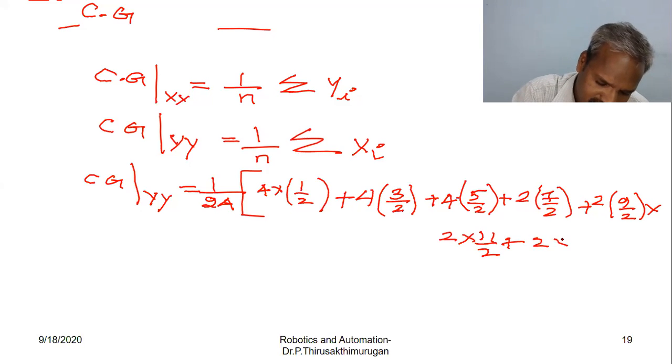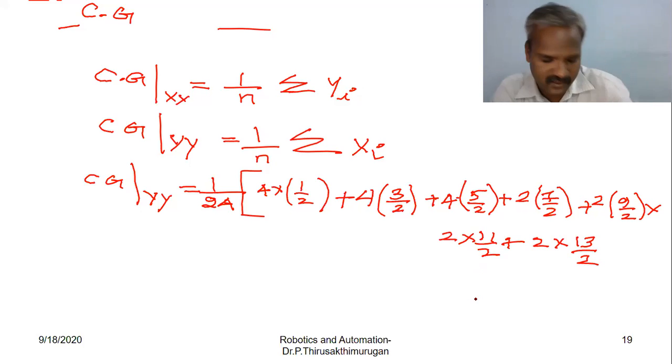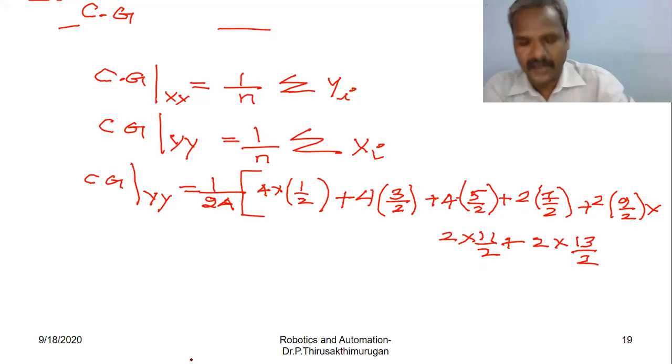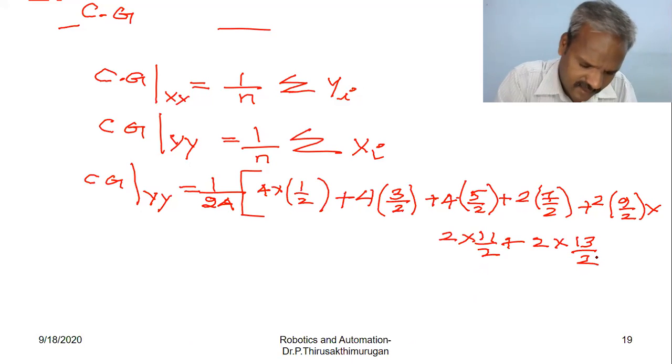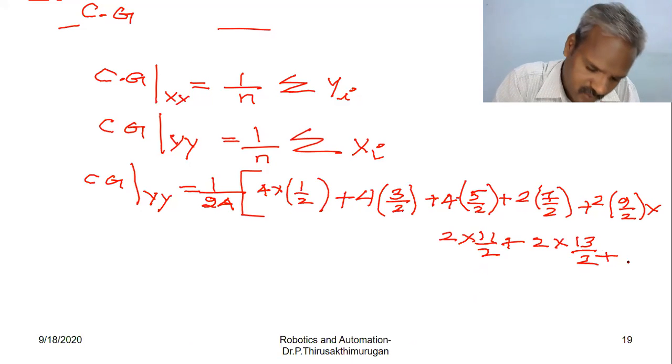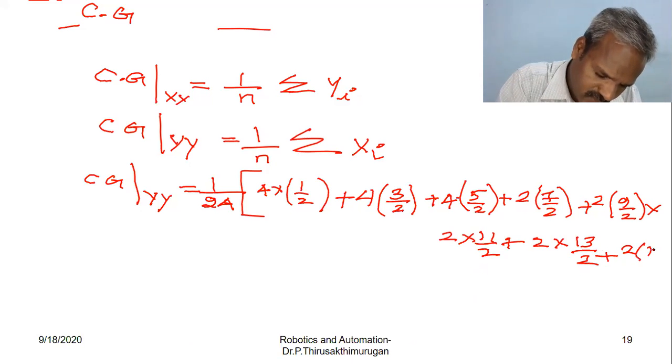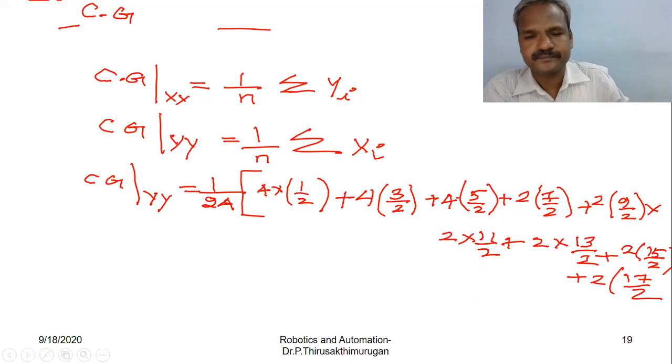2 into 13/2. Yes sir. How many should come? 9 should come, only 1 2 3 4 5 6 7 have come. Plus 2 into 15/2, plus 2 into 17/2. Correct, sir?